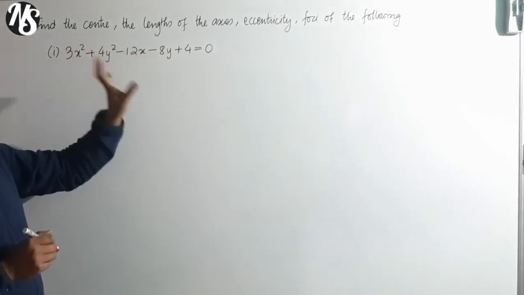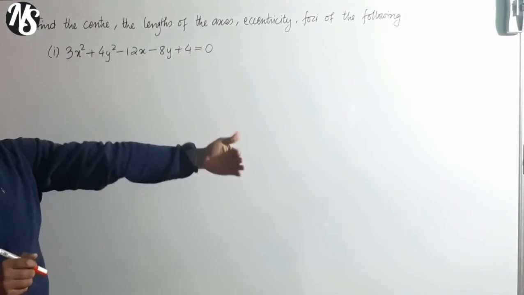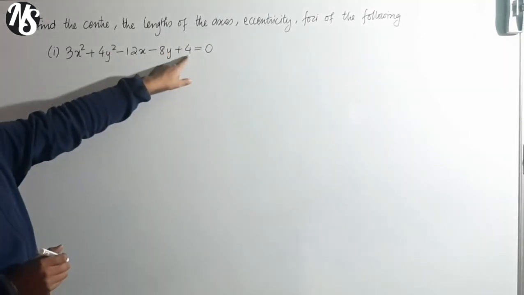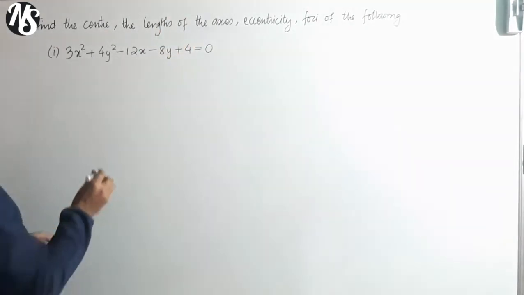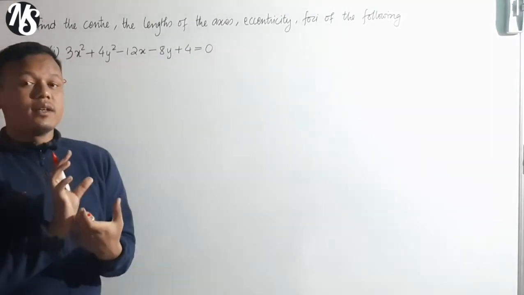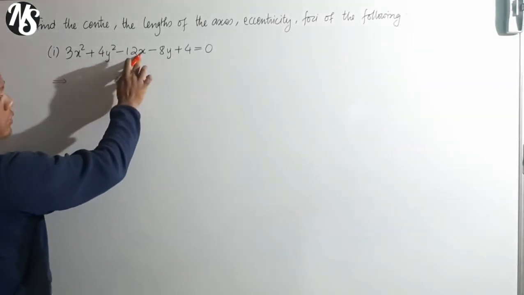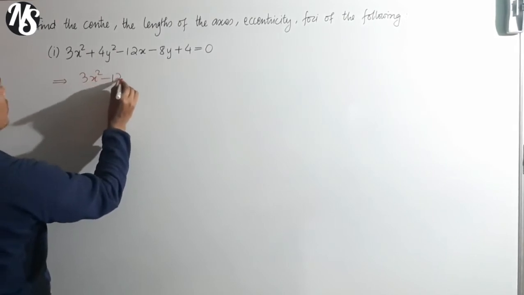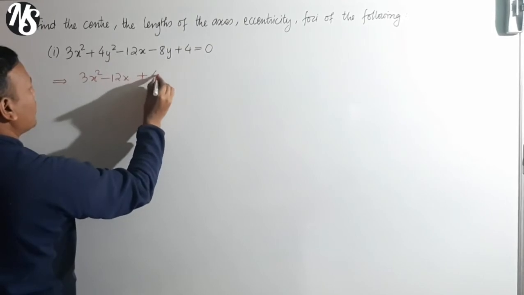Before we do this, I would like to say that the constant things will be sent to the right hand side, and here I see the only constant is 4, so that will be sent to the right hand side. Then we have to group together the same variables. For example, here we have got x, here also we have got x, so x has to be kept together. The leftover is y, so that will be kept together.